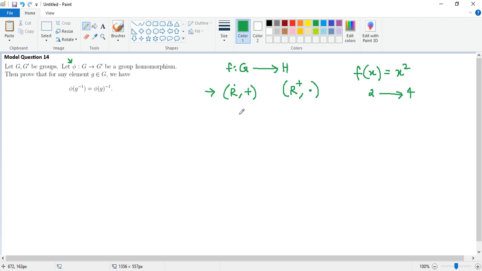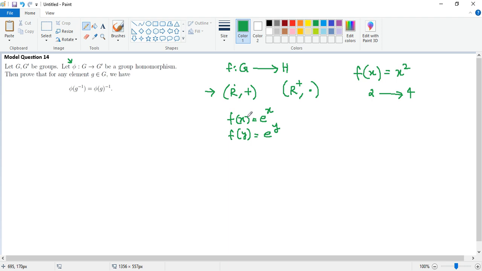An example of such a function can be f of x is equal to e to the power x, right? Which means if I take x from G, then this function will map it to e raised to x in H. If the input I take from G is y, then it will map to e to the power y.